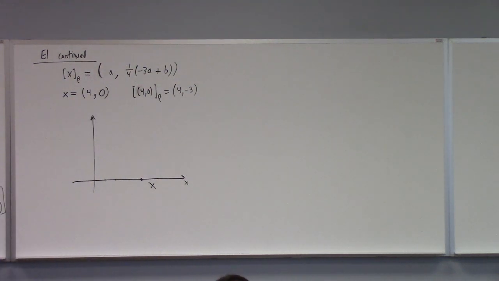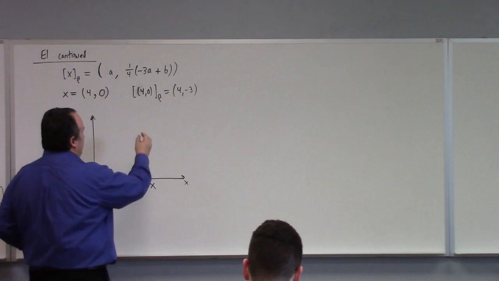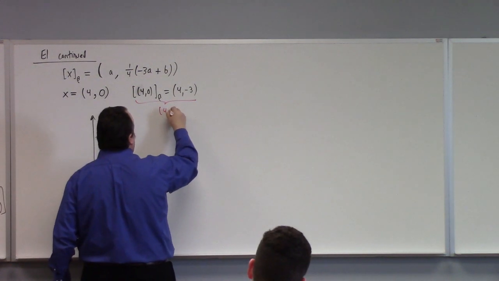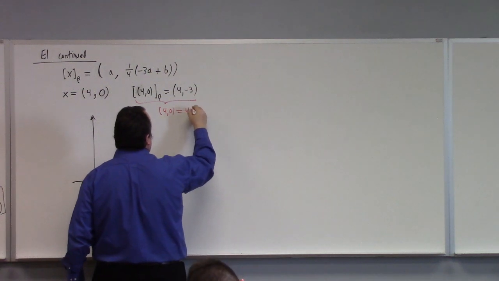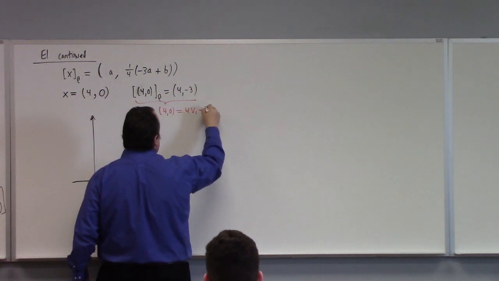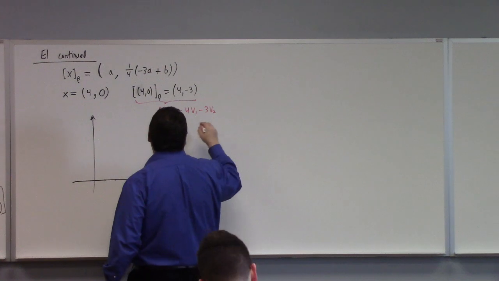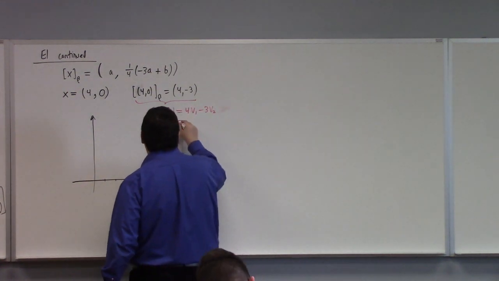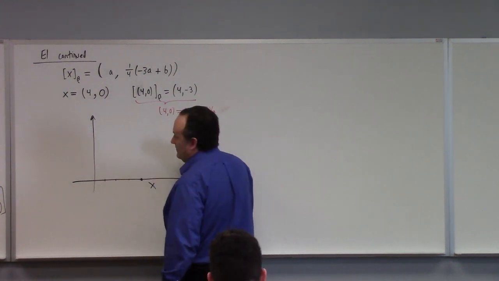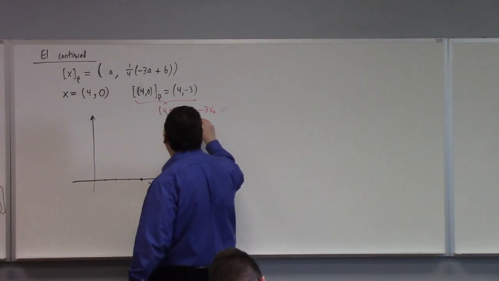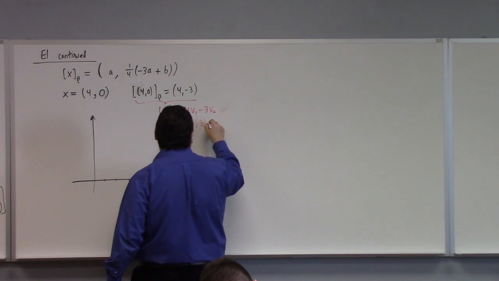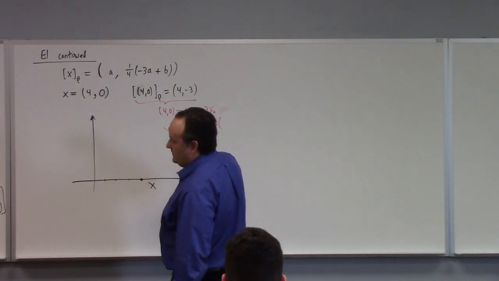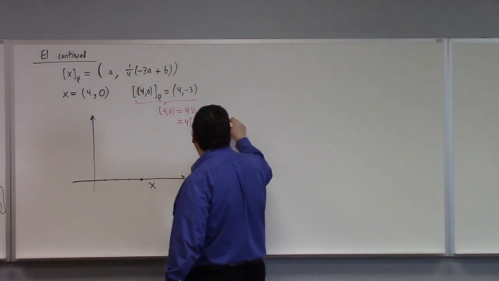By definition, it means that 4, 0 is equal to 4 times v1 minus 3 times v2. And for our current example, that's 4 times, what was my v1? 1, 3, right? Minus 3 times my v2, which was 0, 4, right?